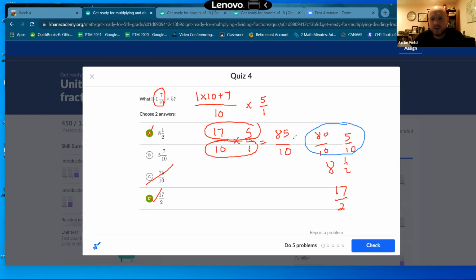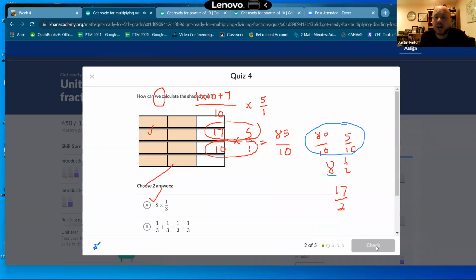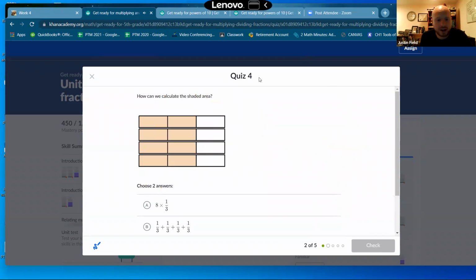That's the biggest number in 85 that can evenly be divided by 10. You know, what can be divided by 10? 20, 30, 40, 50, 60, 70, 80. So when I did that, I got my whole number. And then 5/10 was just a fraction left over, and it reduced. As you can see, I was also correct.